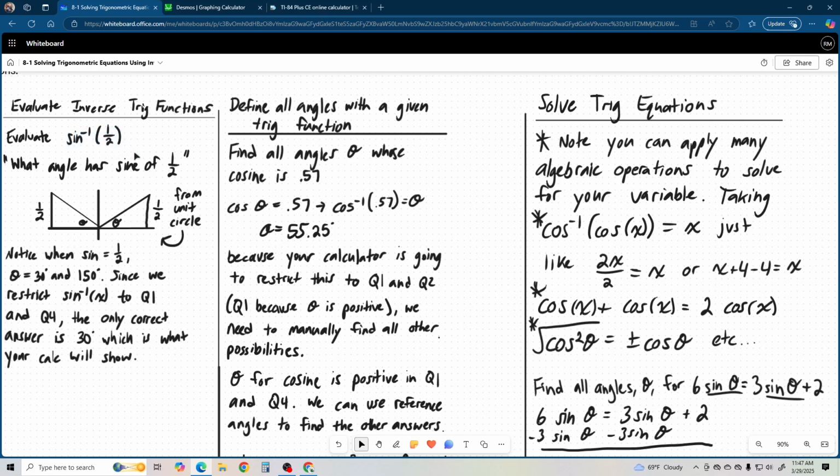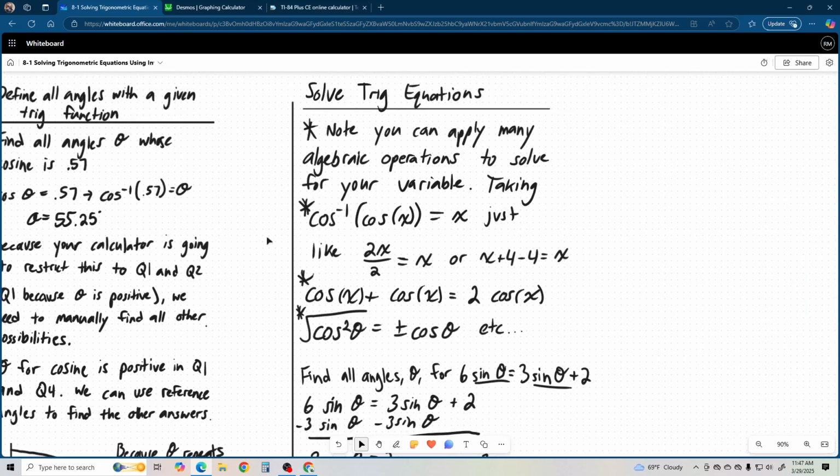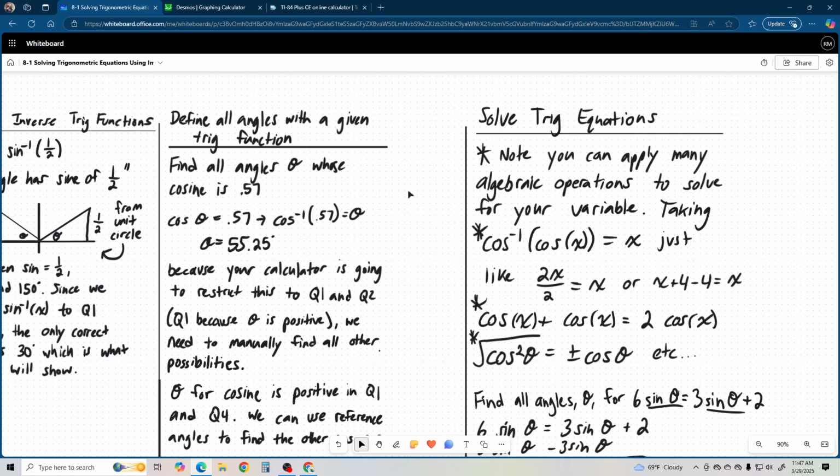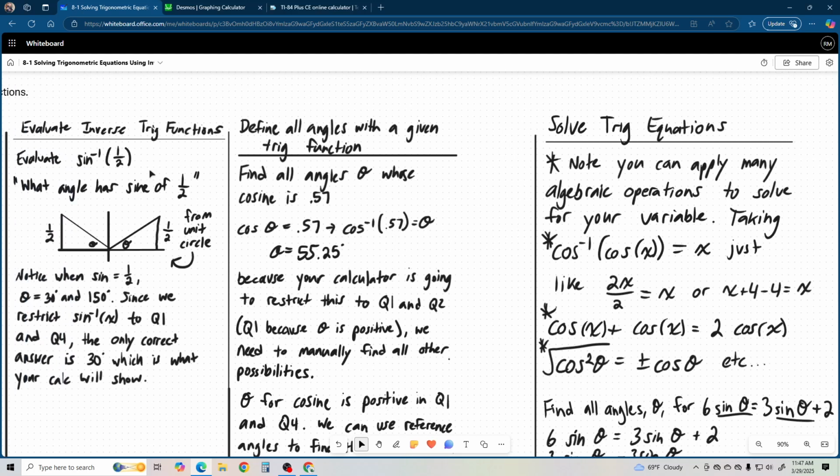If you need to know all of the possible angles that could exist, then you have to search by using the unit circle, find the reference angle, and do all the stuff that we did on this half of the notes. That's not going to come up very often. It's not something that you really need to know. I mean, it's something you need to know, but you're going to run into the other more often.